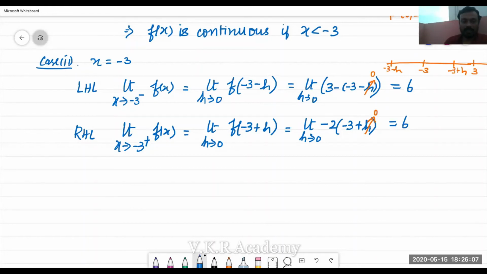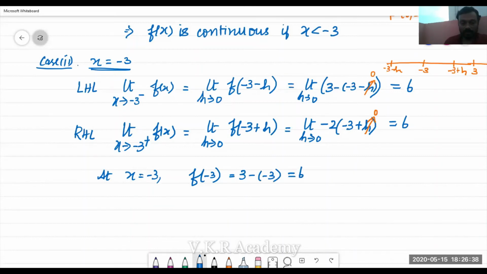So at x is equal to minus 3, f of minus 3, because minus 3 belongs to the first interval where it is 3 minus x, that is equal to 6.